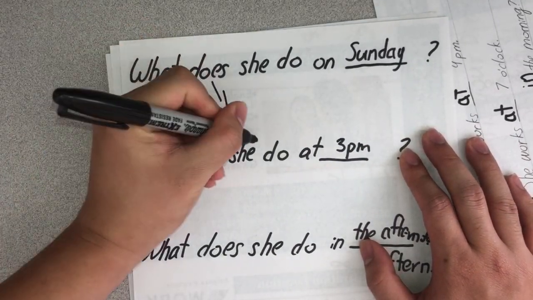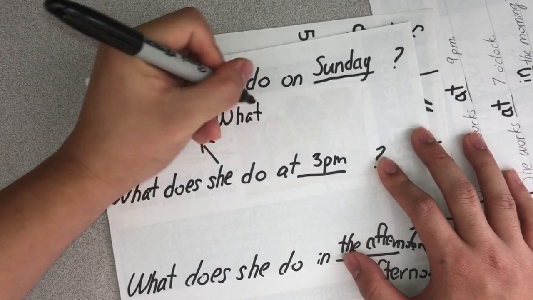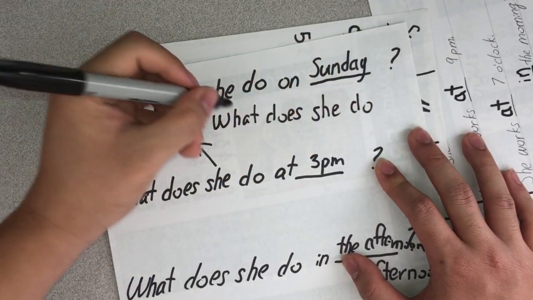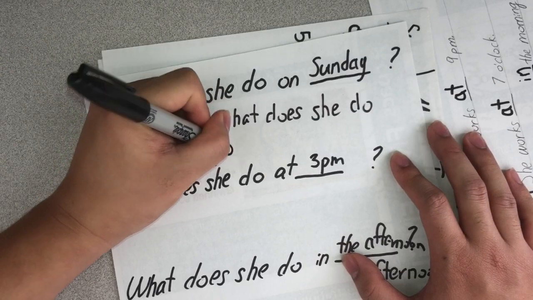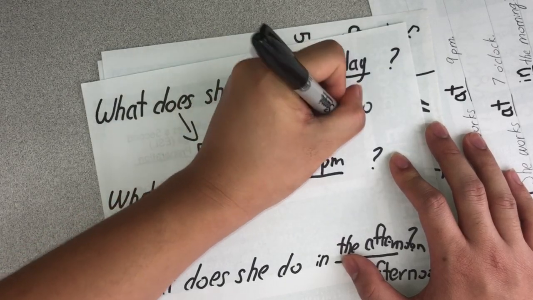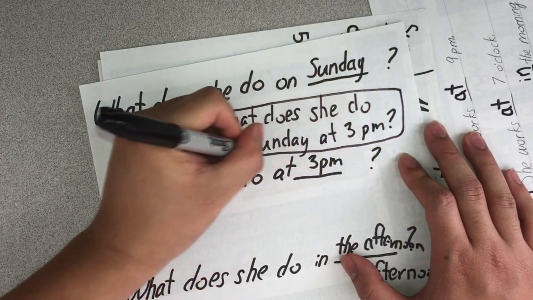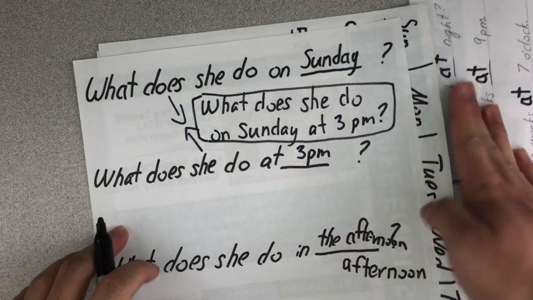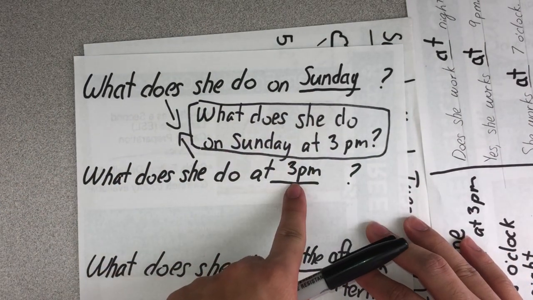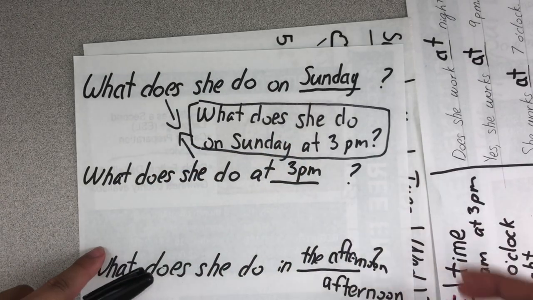If we put these sentences together, we get, what does she do on Sunday at 3 p.m.? What does she do on Sunday? What does she do at 3 p.m.? What does she do on Sunday at 3 p.m.?